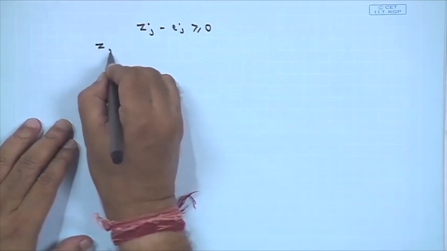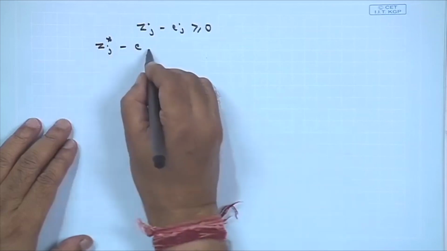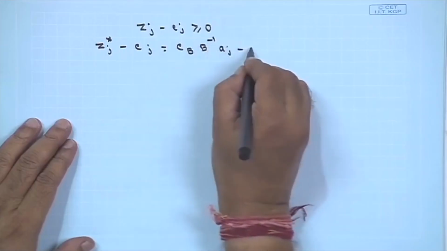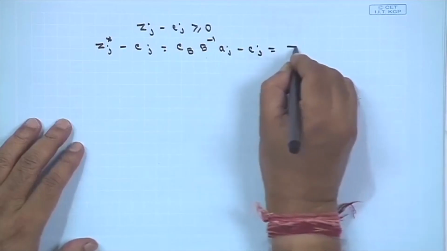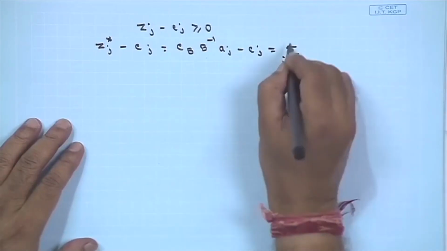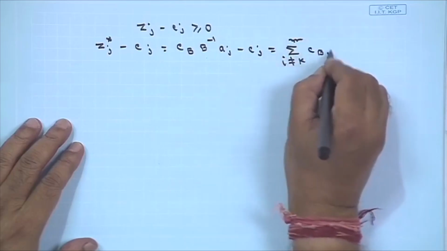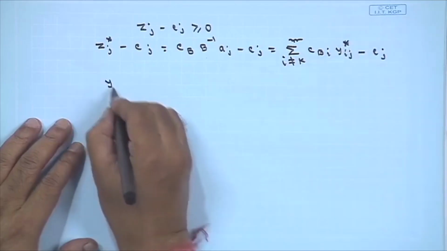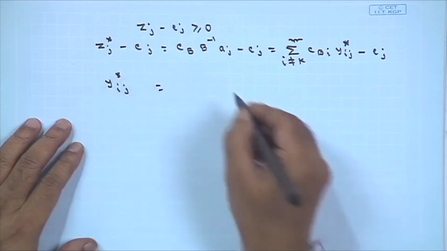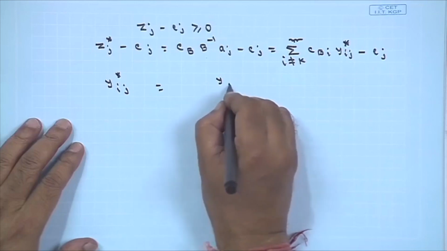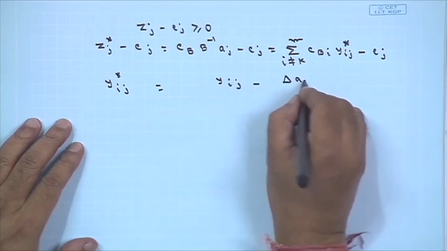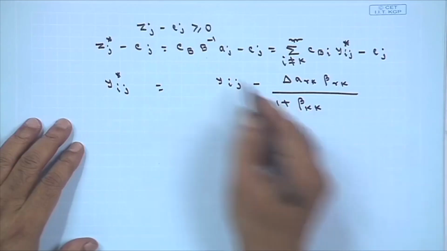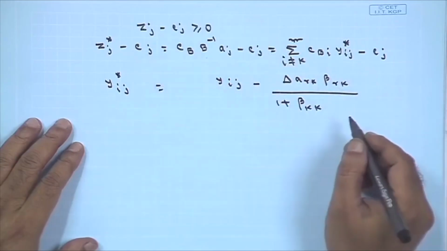Now, with the changes, z_j has changed to z_j star, so it will be equal to c_B B inverse a_j minus c_j, which equals the summation over i not equal to k to m of c_B_i y_ij star, minus c_j, where y_ij star I can write as y_ij minus delta a_rk into beta_rk divided by 1 plus beta_kk. This is again from this calculation, just like we did the earlier calculation.